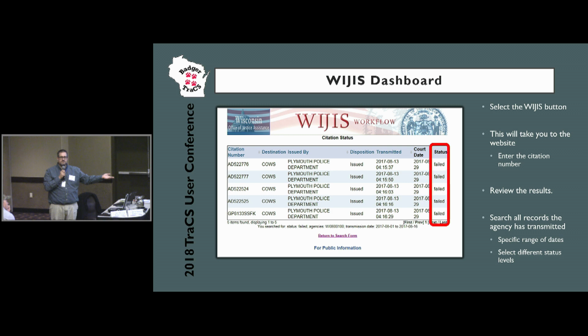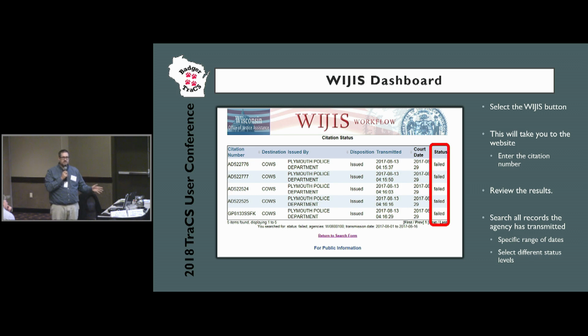WIJIS is going to acknowledge Tracks and say, here's your receipt, we're going to give you the green check mark, and everything's great. So from time to time, it's good to check this, especially if you're doing a big batch transmission on a Monday morning after the weekend. You're sending out 20. Let's just check one or two.